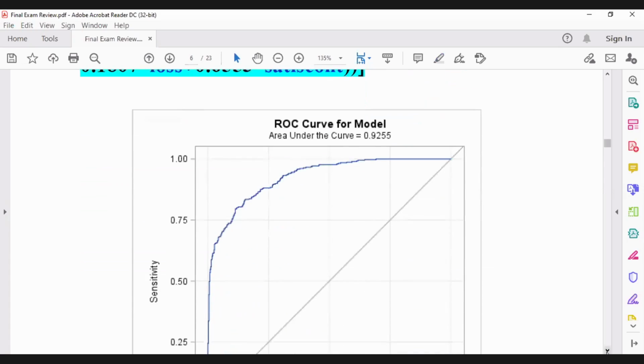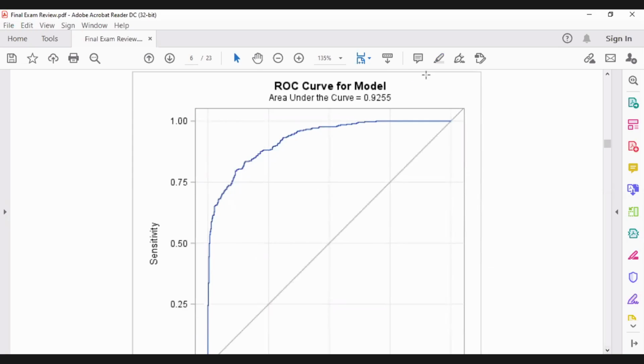We got also the ROC curve, the area under the ROC curve. The area under the ROC curve is equal to 0.9255.